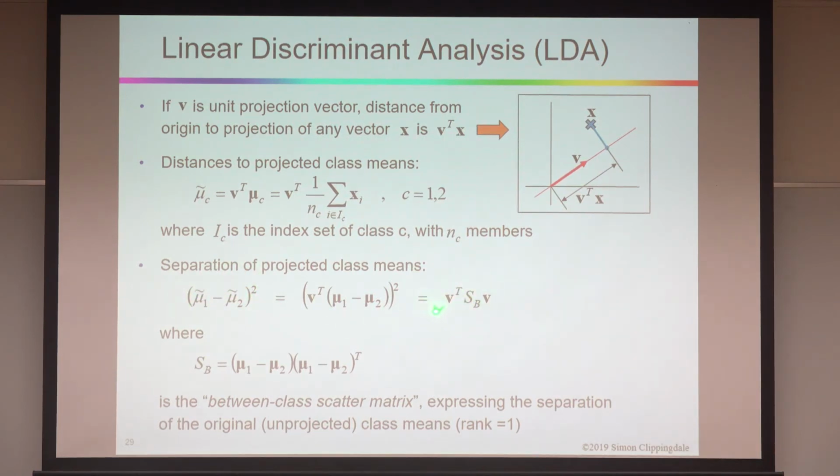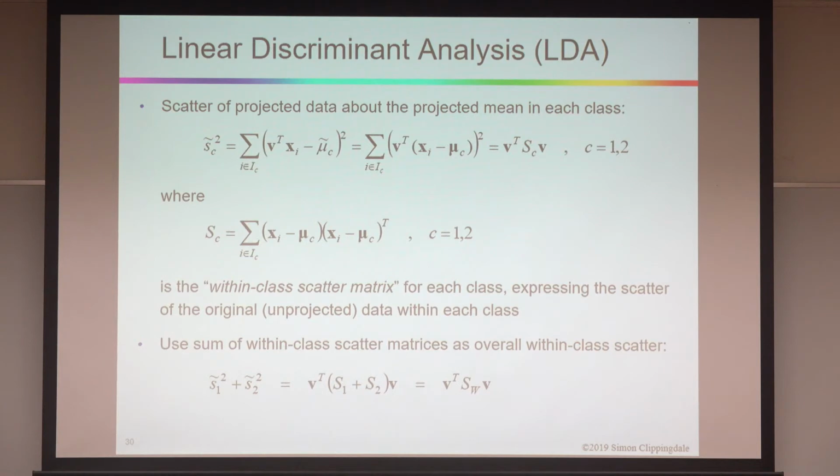Turns out to be given by this. This is a quadratic product involving, here's our linear discriminant, the line V, and this SB thing here is the so-called between-class scatter matrix, which is defined here. It's an outer product of the difference between the two means. Okay.